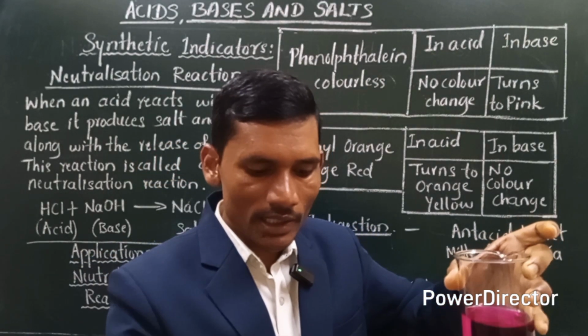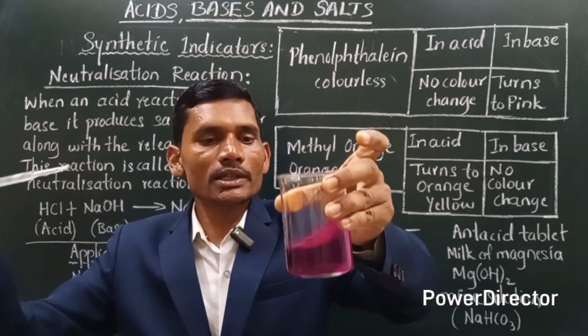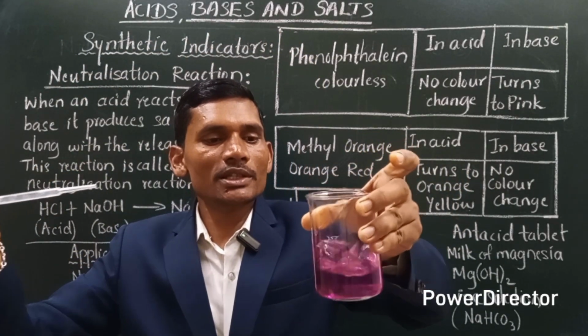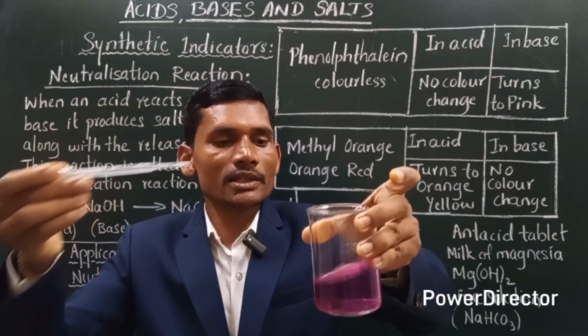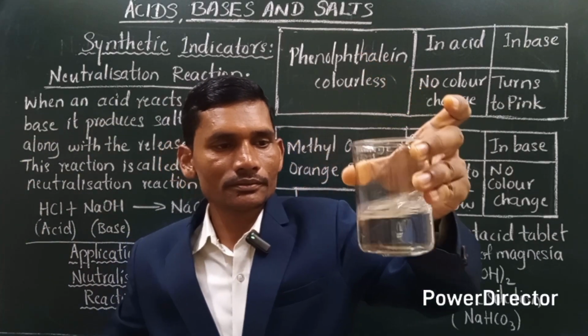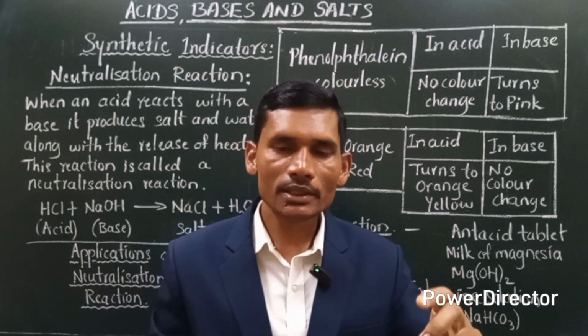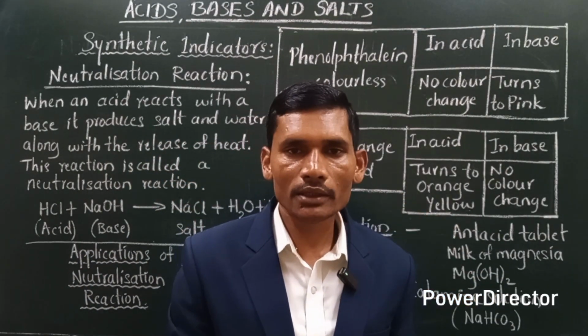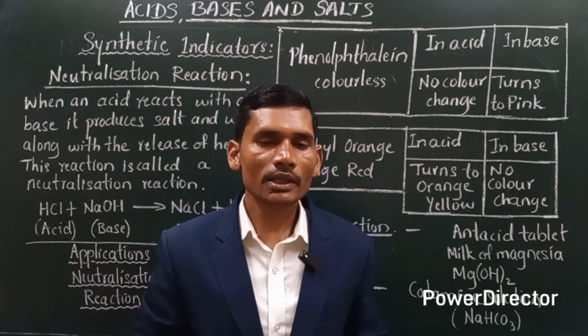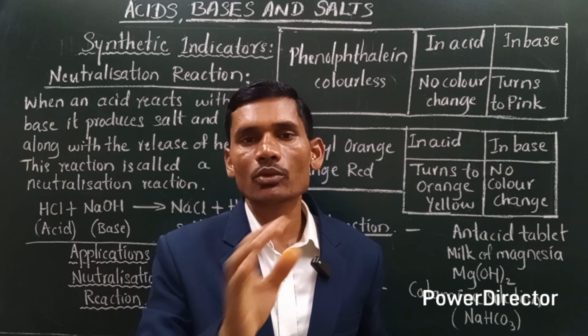If you add acid, the medium changes to acidic and the color disappears. The same amount of acid and base, when you add them, react with each other and produce salt and water.